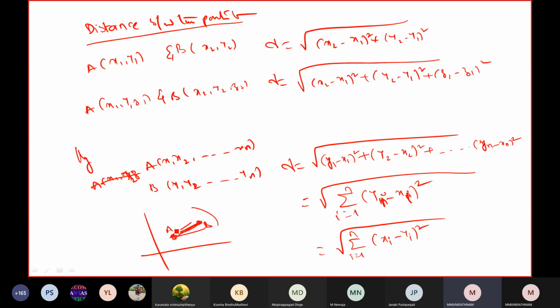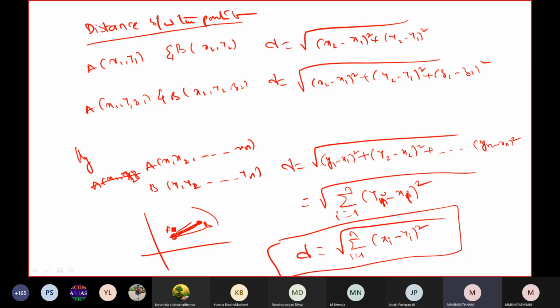Similarly, A is a point in n-dimensional space and B is a point in n-dimensional space. The distance between those 2 points is taken like this. Note down clearly the distance in n-dimensional space. The distance between 2 points will be like this.